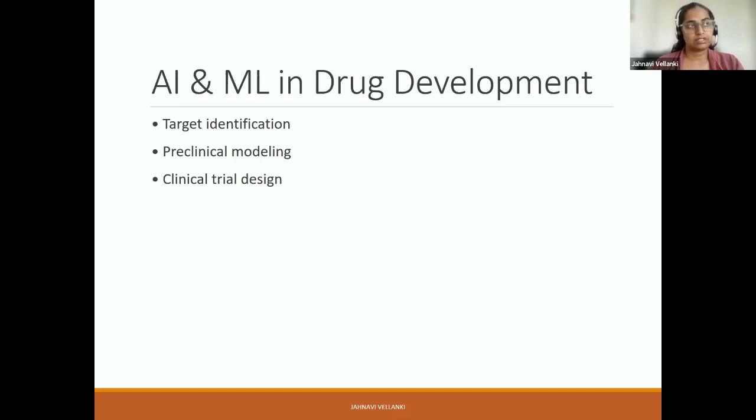We will still need animal testing, but with these AI algorithms, we have seen that the models can predict very accurately the efficacy or the toxicity of the drug, thus decreasing the need for animal testing. AI and ML also enable patient stratification through genetic and phenotypic analysis in clinical trials, resulting in more targeted and effective trials.